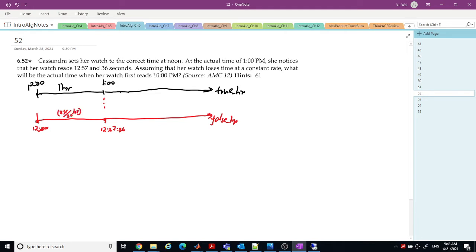Okay, so that means that each segment of the red and each segment of the black are different, right? So we are losing 1 over 25 hours, right? Okay, so we can reference this 1 over 25 hours into different timelines.